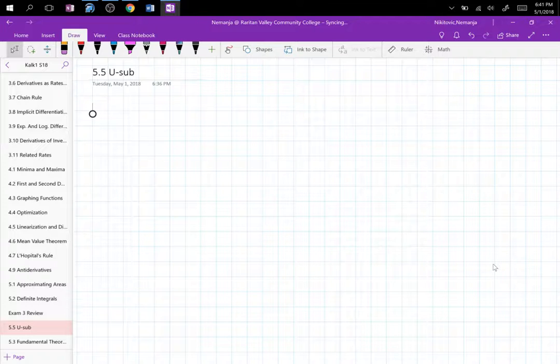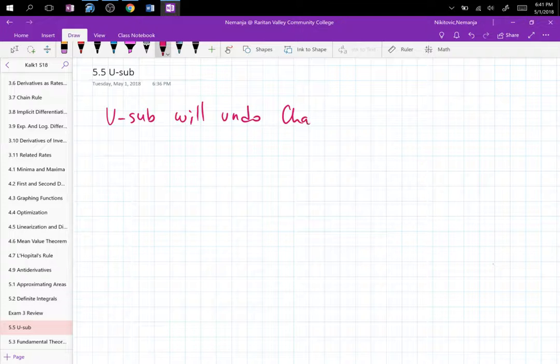So what is the U sub? We should write that clearly at the beginning of the lecture. U sub is going to undo the chain rule. What does this mean?